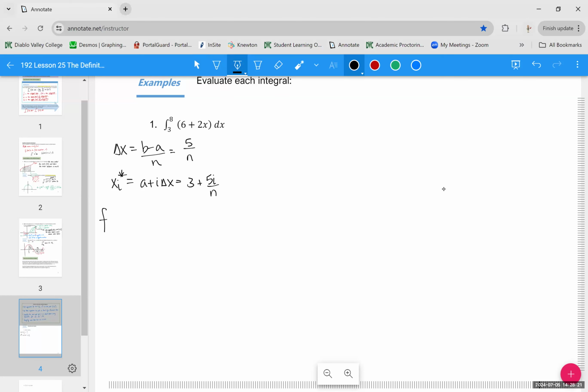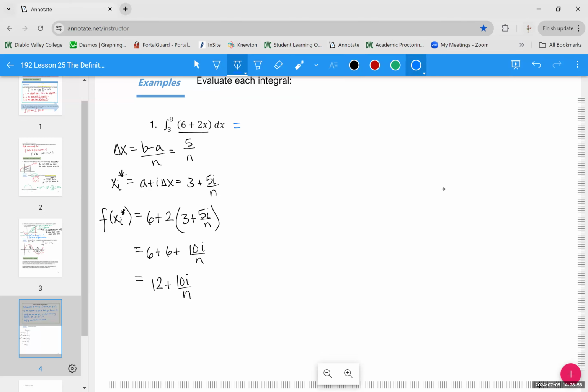Then I need to plug that into the function 6 plus 2x. So it'll be 6 plus 2 times x, which is represented by 3 plus 5i over n. Yes, you need to simplify. These problems are going to get really tedious if you don't. So I've got 12 plus 10i over n. There are the pieces I need.